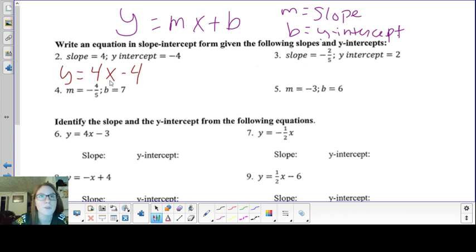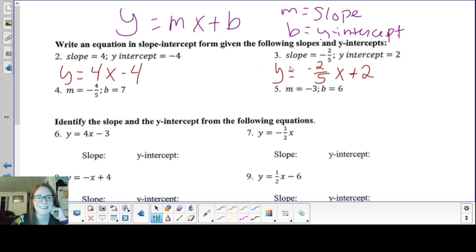My x is always going to be there, and my y is going to always be there. Okay, number 3. In this case, I have a negative slope and a positive intercept. So I'm going to have y is equal to -2/5 x plus 2.